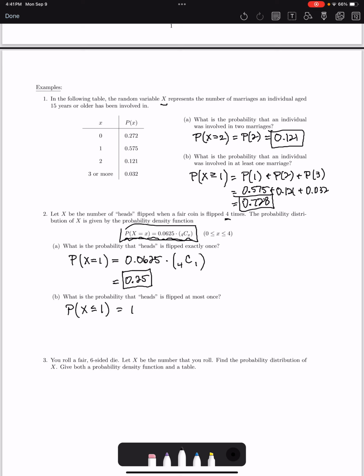And that's going to be the probability that x is 0 plus the probability that x is 1. So that's 0.0625 times 4 choose 0 plus 0.0625 times 4 choose 1.